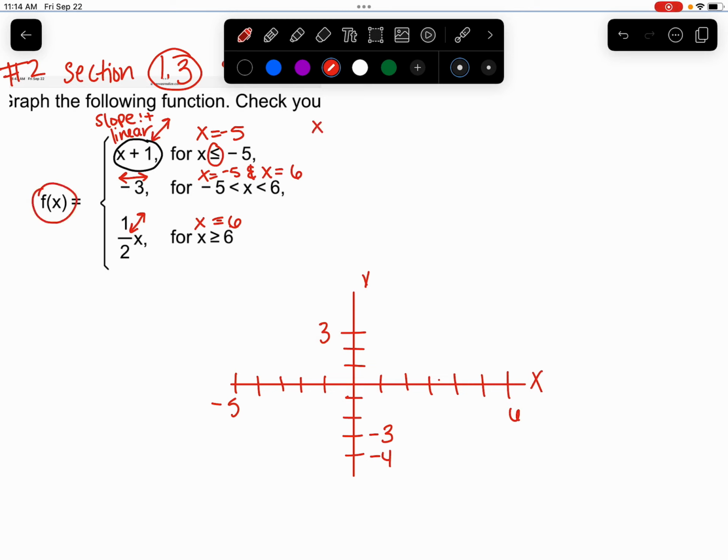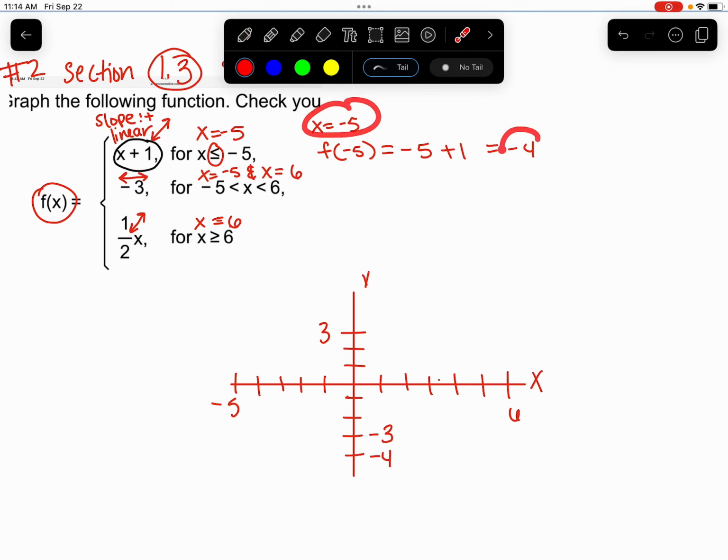So here, x equals negative 5. F of negative 5 is, we plug into the equation, negative 5 plus 1, which is negative 4. So at x equals negative 5, we'll put a point at negative 5, negative 4, which is right here.